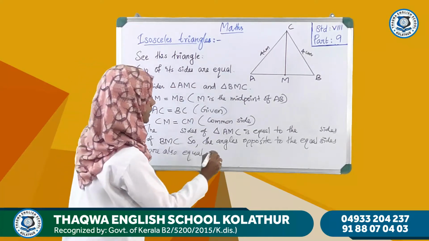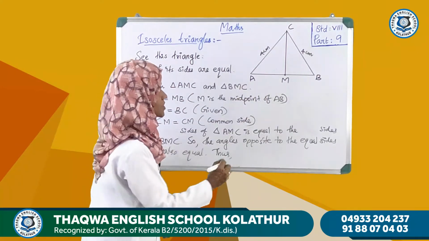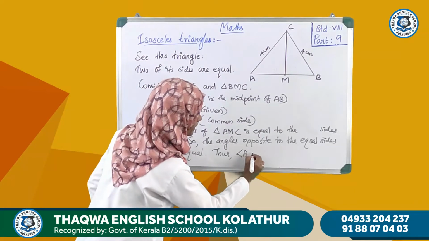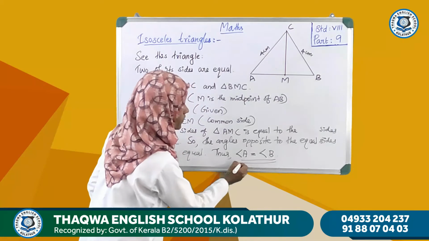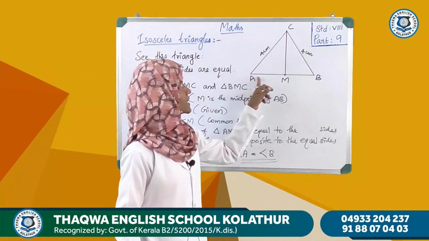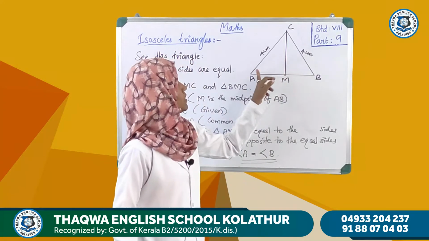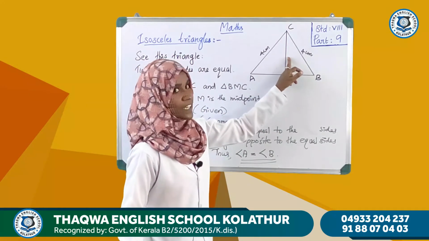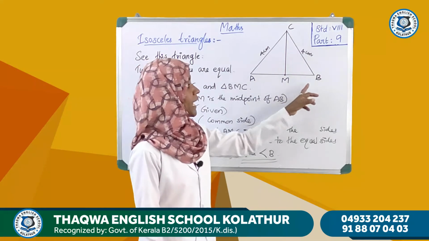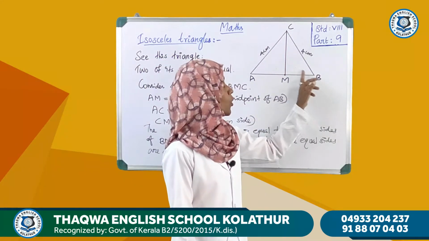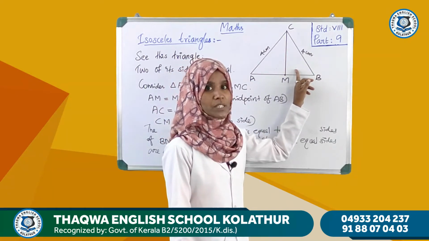Okay. Thus, we get angle A equals angle B. Why? Angle A is opposite to the side CM of triangle AMC, and angle B is opposite to the side CM of triangle BMC.